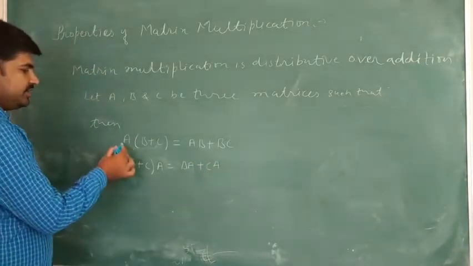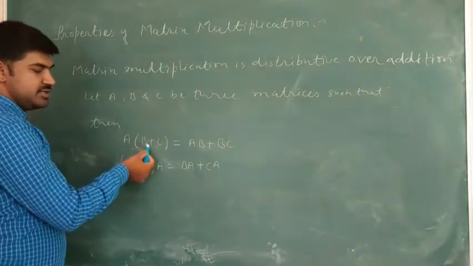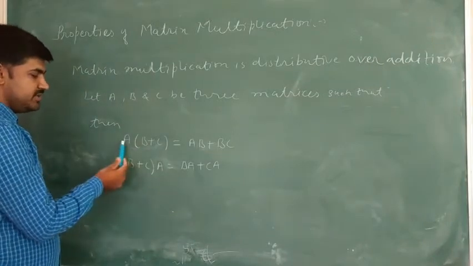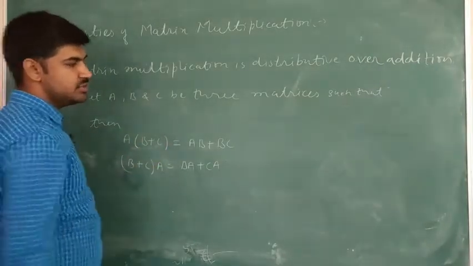You may see here, this is the addition of matrices, and matrix multiplication is distributive over addition.